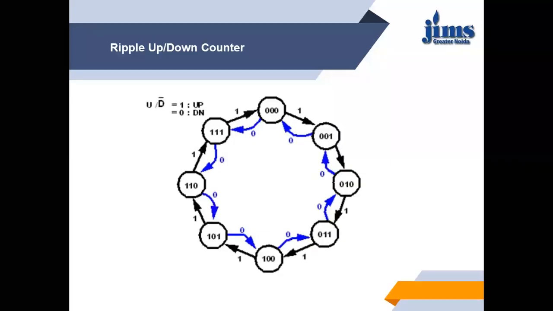So here we have used U/D bar. Whenever its value is 1, it will count up: 0, 1, 2, 3, 4, 5, 6, 7, then 0. When its value is 0, it will count down: 0, 7, 6, 5, 4, 3, 2, 1, 0, and 7, like this.